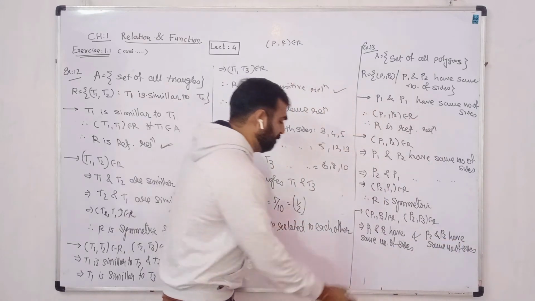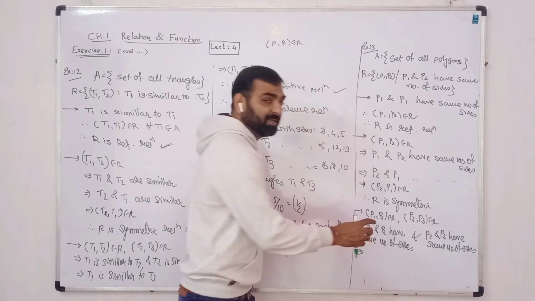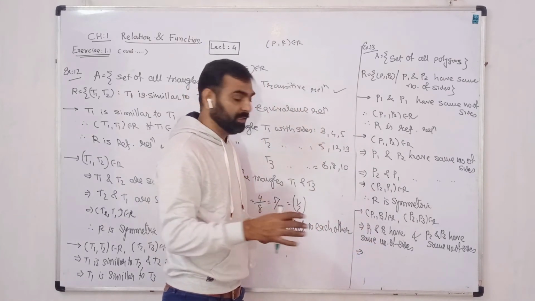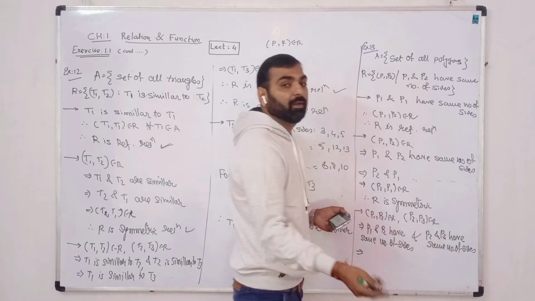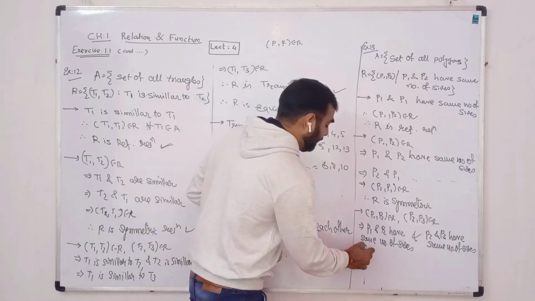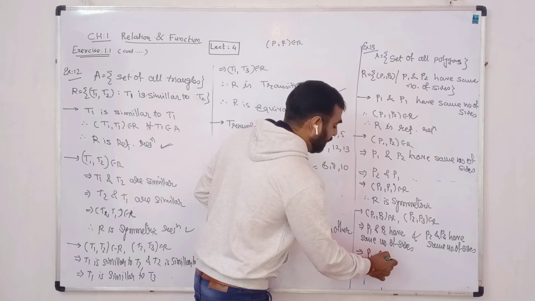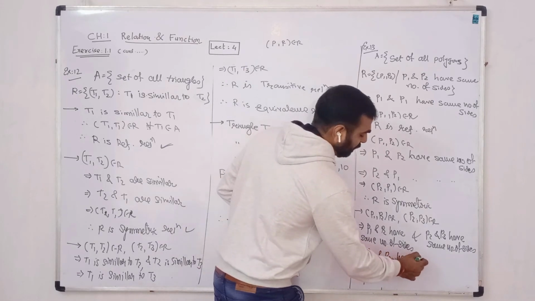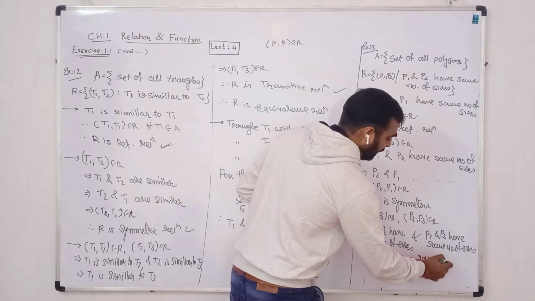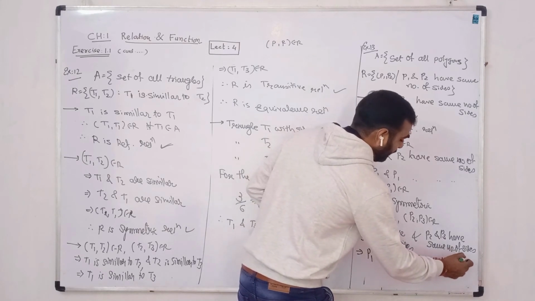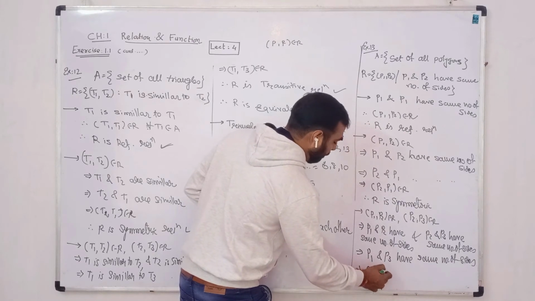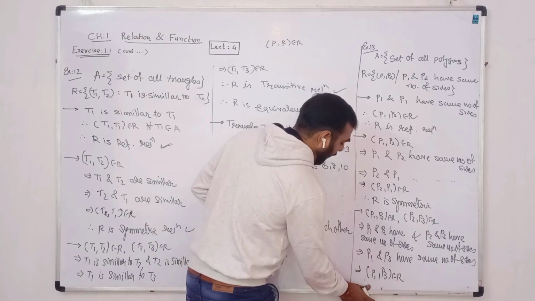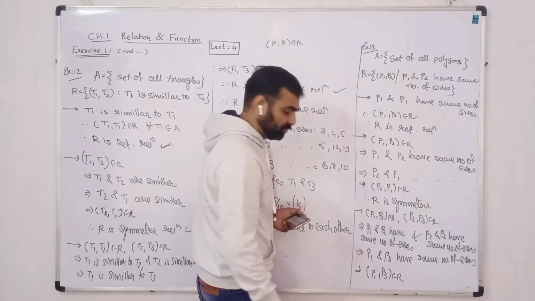So अगर P1 के पास मान लो कि 5 साइड्स है तो P2 के साथ भी 5 होगी. P2 5 है तो P3 भी 5 ही होगा. So we can directly say that P1 and P3 have the same number of sides. उसका मतलब क्या हो गया, P1, P3 belongs to R.